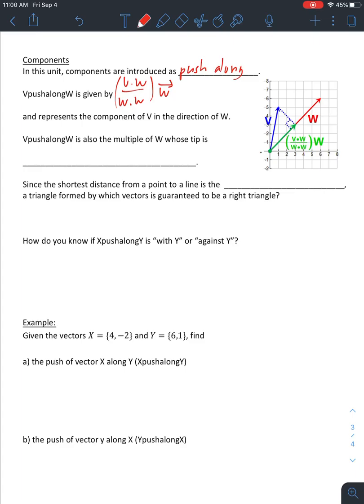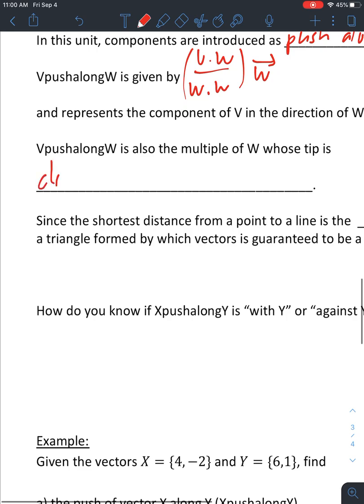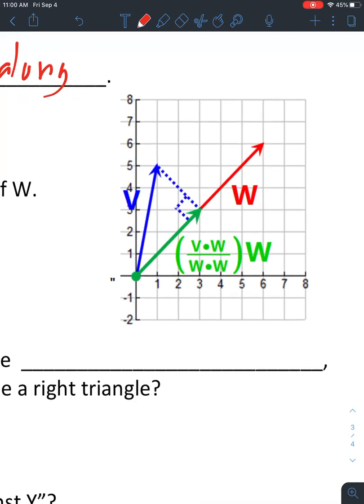V push along w is also the multiple of w whose tip is closest to v's tip. So you can see that in the picture over here. The blue one is v, the red one is w, the green one is the push along. So the tip of the push along is the closest point on w to the tip of v.